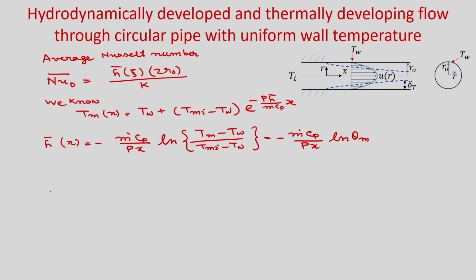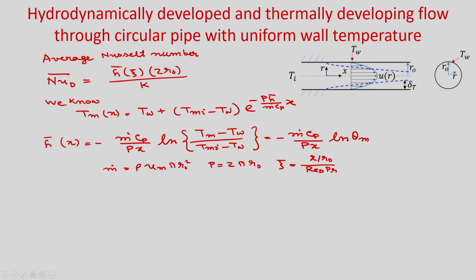Okay. So, now m dot you know rho u m pi r naught square, okay, and P you know twice pi r naught, and xi you know x by r naught divided by Reynolds number into Prandtl number.